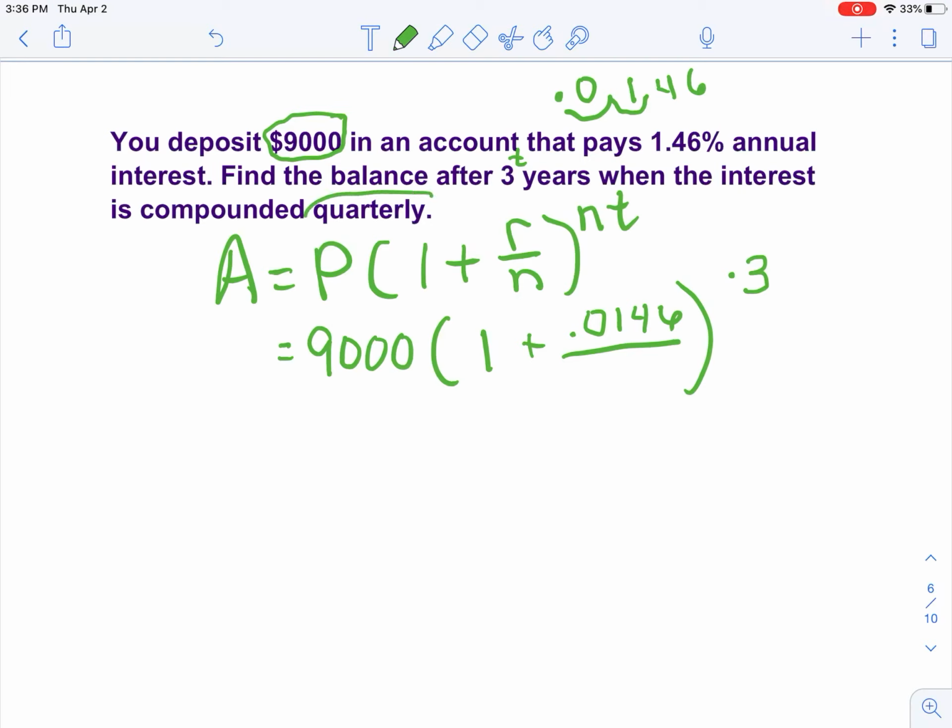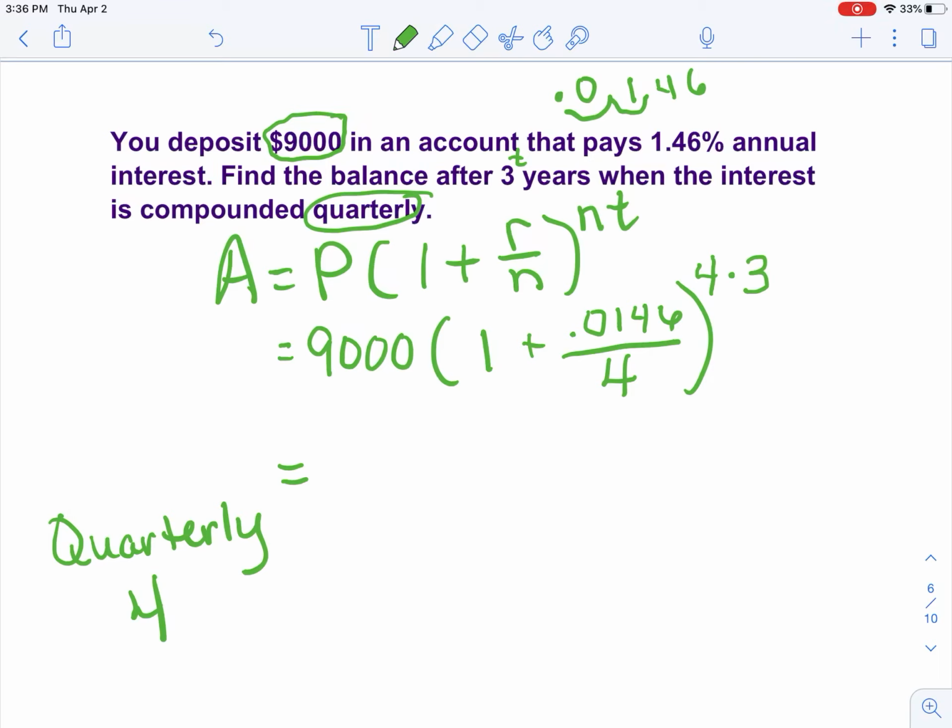Now, I also have quarterly. What does quarterly mean? Quarterly means 4 times per year. So I have a 4 going into 2 spots, once in the denominator and once out here with the exponent. So you're going to put this whole thing in your calculator exactly as you see it.